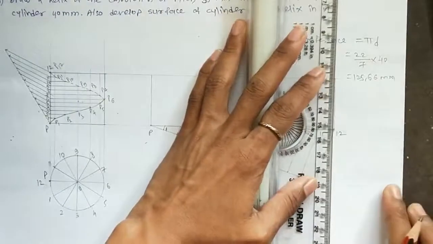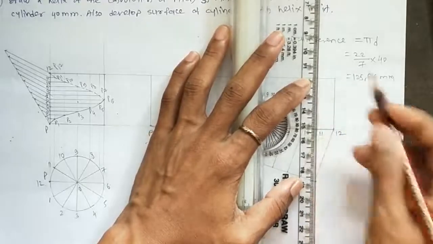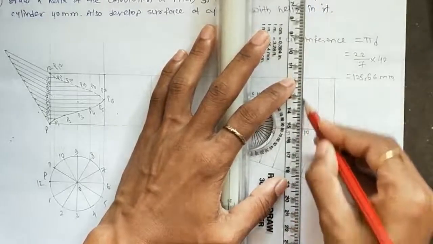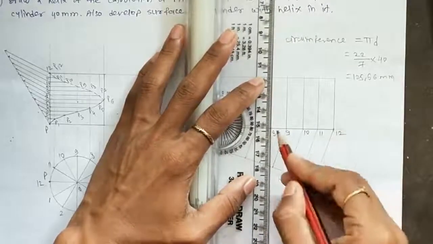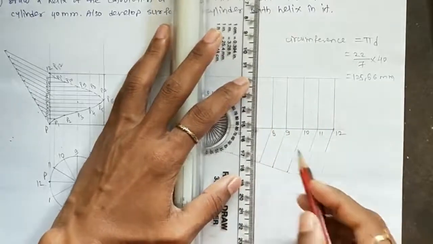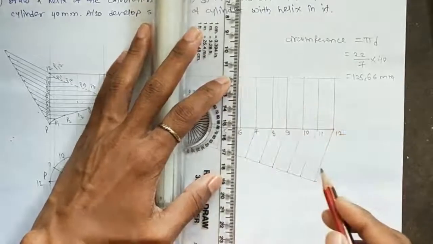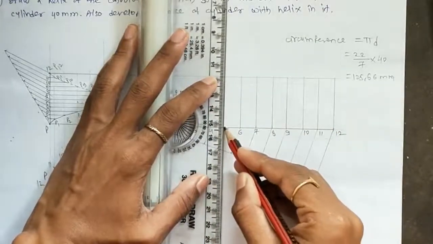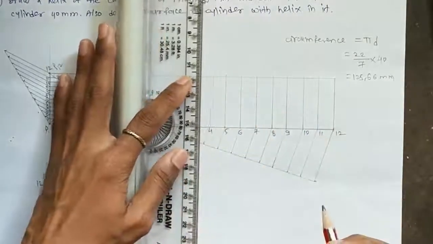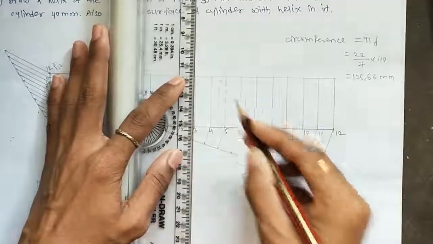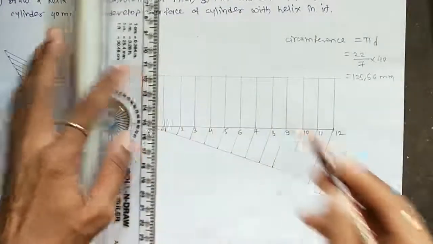I will take parallel to this line from point 9, from point 8, from point 7, from point 6, from point 5, from point 4, from point 3, from point 2 and from point 1.